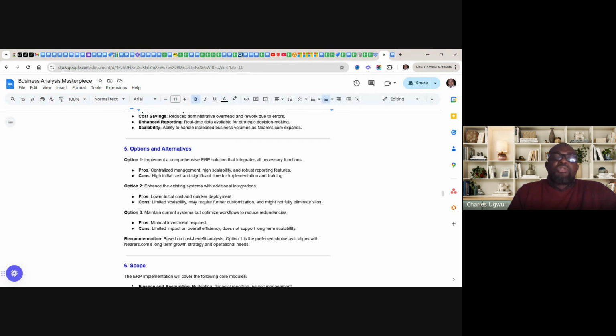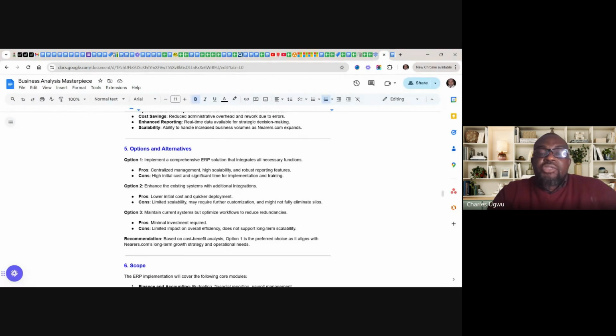In option 1, you can break them down again by creating different ERP systems if they choose option 1. Like you can see, select from Dynamics 365, Sage, SAP ERP systems. So option 1 can be broken down further.